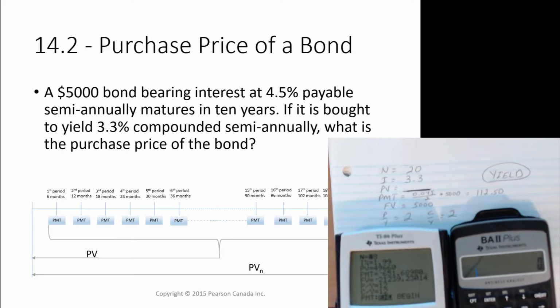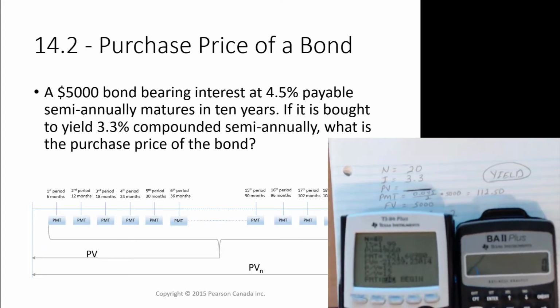N is 20. So I punch in 20 if I'm working the BA2 Plus, and I punch in 20 and push N if I'm working the BA. I punch 20 on the TI-84, and 20 and then enter on the BA2 Plus. Same as before.